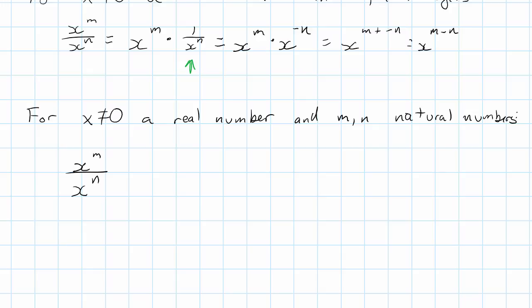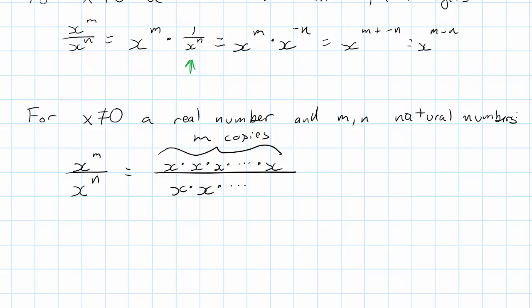Let's see. Well, that's x times x times x times dot dot dot times x, m copies, over x times dot dot dot x, n copies.